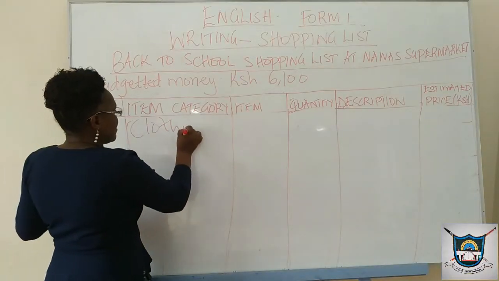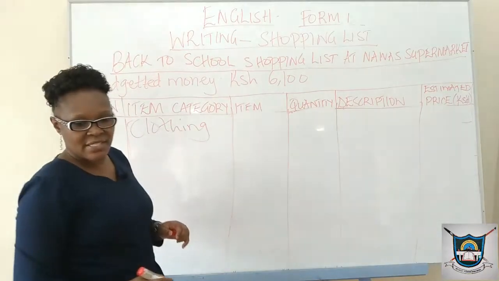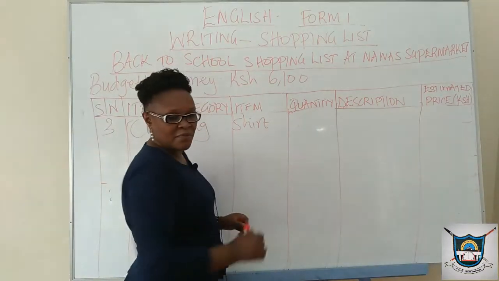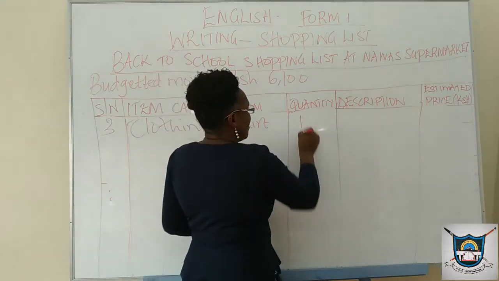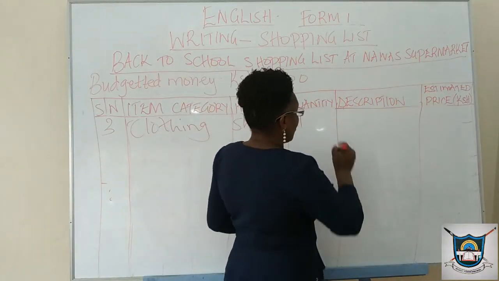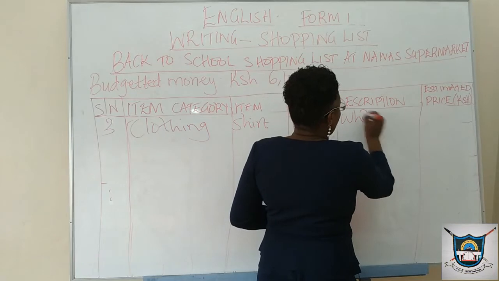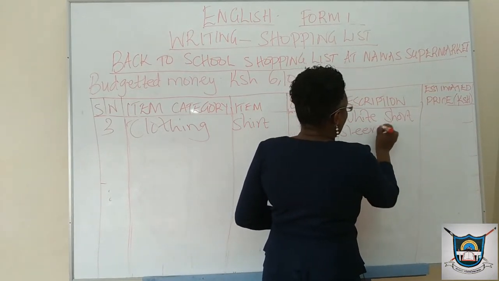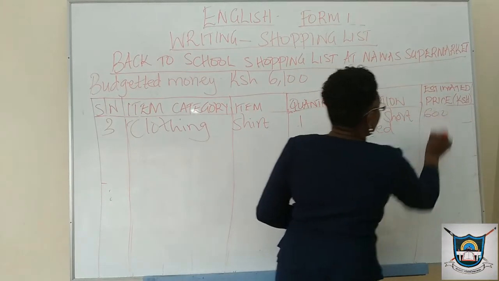So the item category is clothing, and in this case we need a shirt. We are going to buy one, and we describe the shirt: white, short sleeved, at a cost of 600.